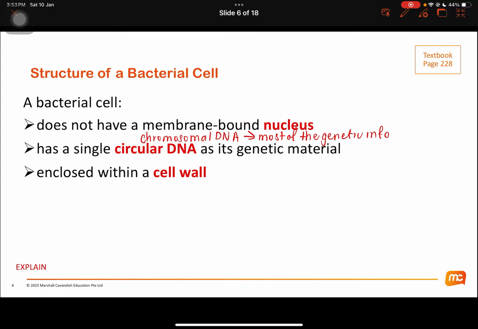Something unique about bacterial cell, it is enclosed within a cell wall, which serves the same purpose in a plant cell. It is rigid, so it has protective function to protect bacteria from external forces. It also contains ribosomes in order to synthesize protein.